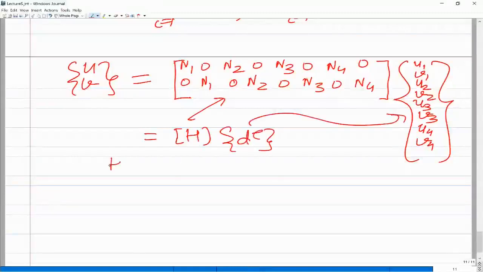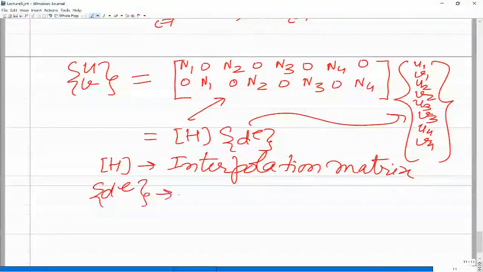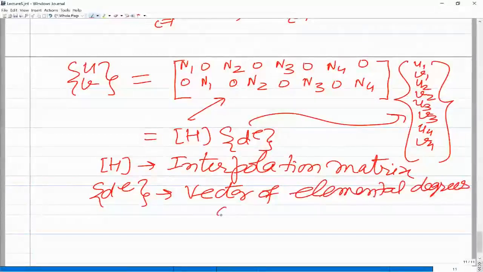So H is known as the interpolation matrix, and DE is the vector of elemental degrees of freedom.